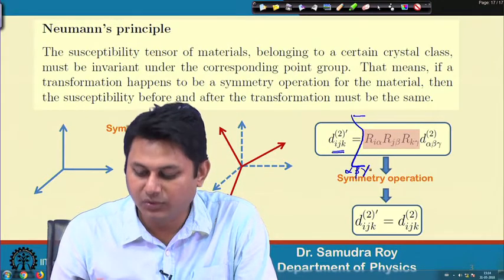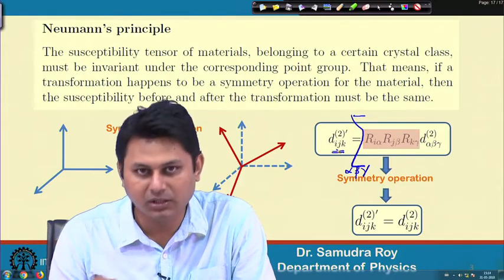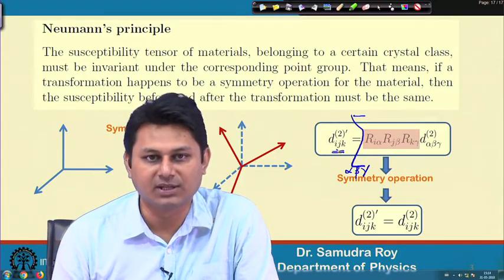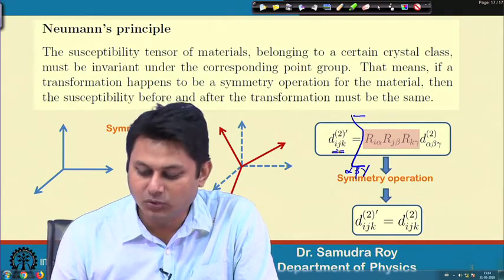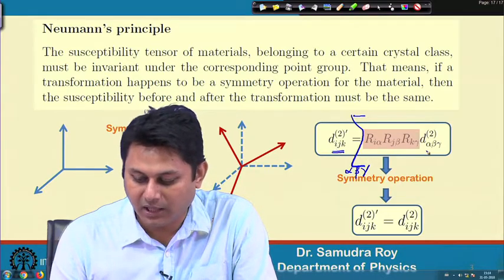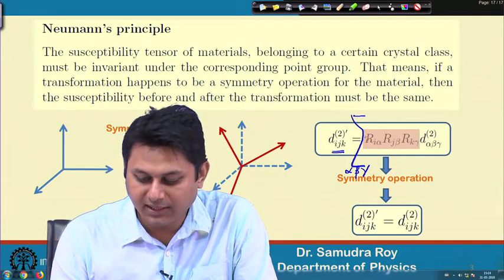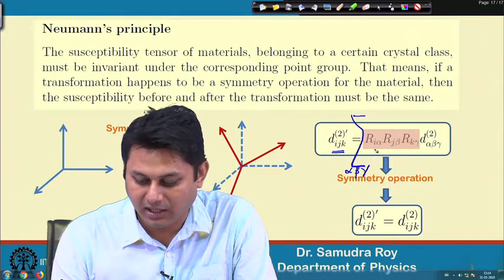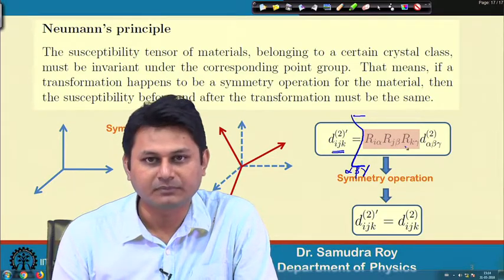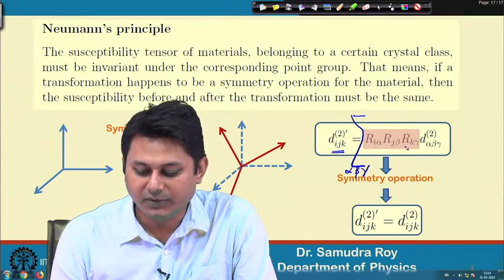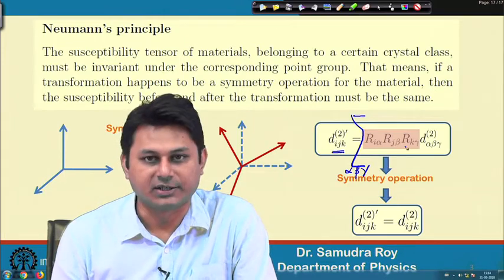In order to get one specific component D_ijk, we have to sum over alpha, beta, gamma, and in all cases find R_i alpha, R_j beta and R_k gamma, and only then can we find my D_ijk.